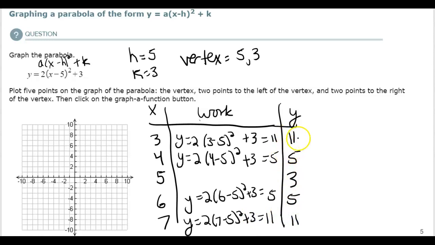So let's go ahead and plot these. My a is positive, so I also have a feeling it's going to open up. So I have the point 3, 11. It's going to be off just a little bit. The point 4.